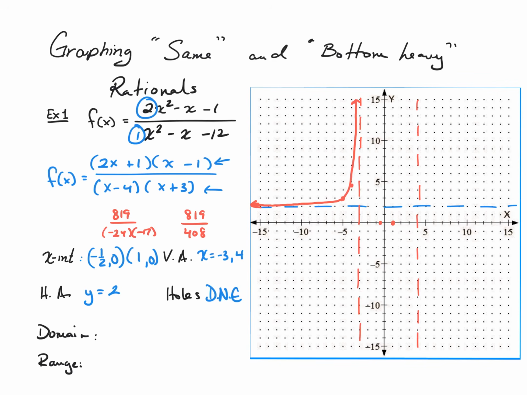In the numerator, evaluating for 0, I get 1 times negative 1, all over negative 4 times 3. And what I get there is 1 over negative 12. So negative 1 over negative 12 is a positive number, and there it is.